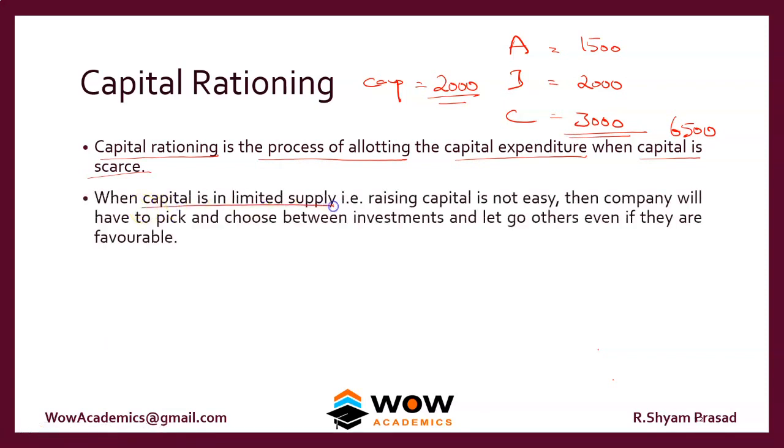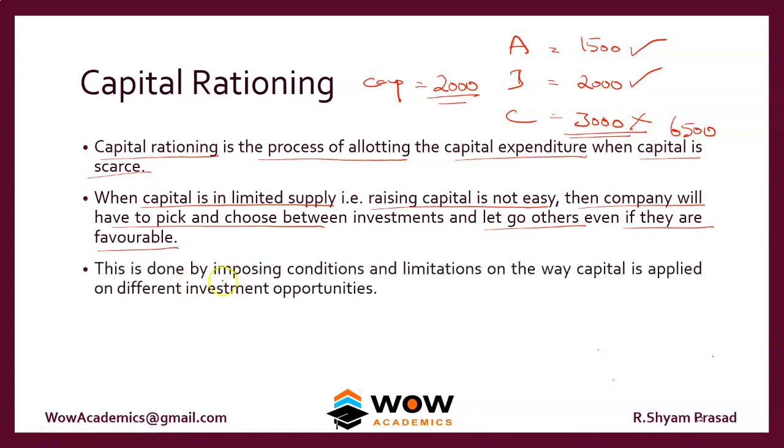When capital is limited in supply, and raising capital is not easy, then the company will have to pick and choose between investments and let go of others even if they are favorable. Okay, so with 2000 capital, the company can easily select A or B, but it cannot select project C. So that is the problem.